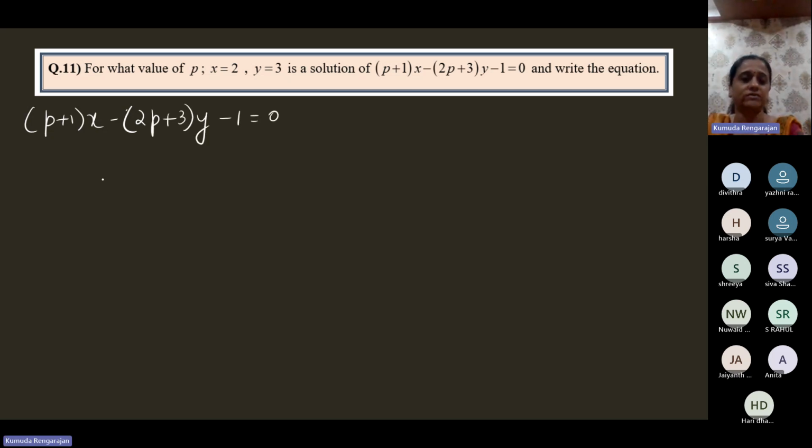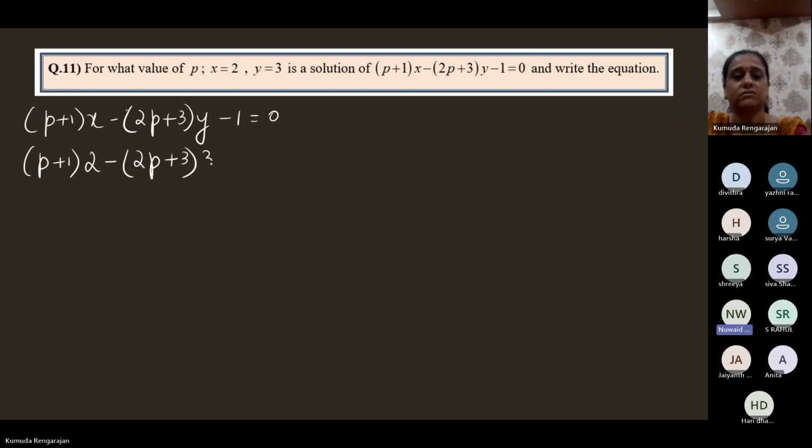What's the value of x? 2. Okay. What's the value of y? 3. Okay. Be careful. You're not supposed to subtract. 3 minus 1, 2 is wrong.